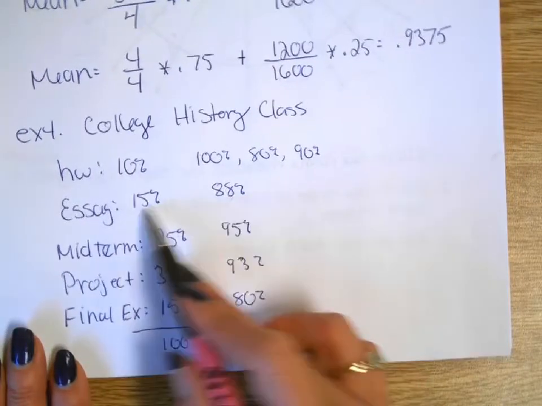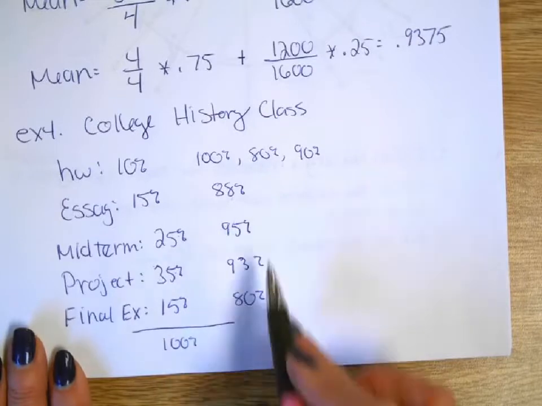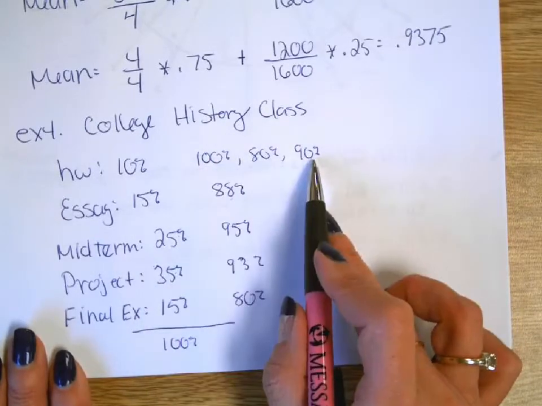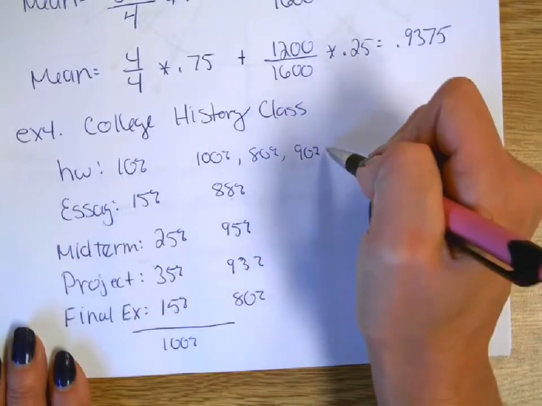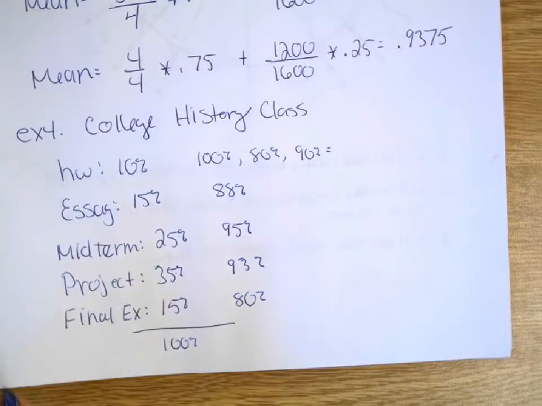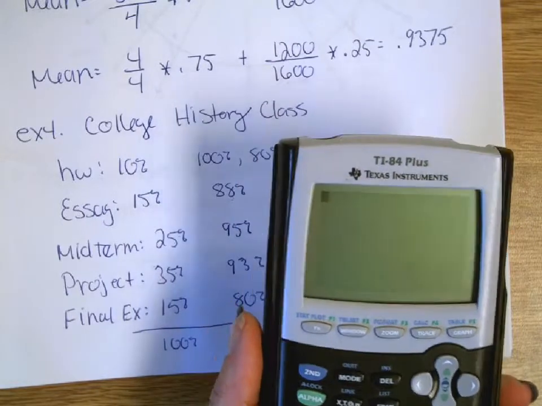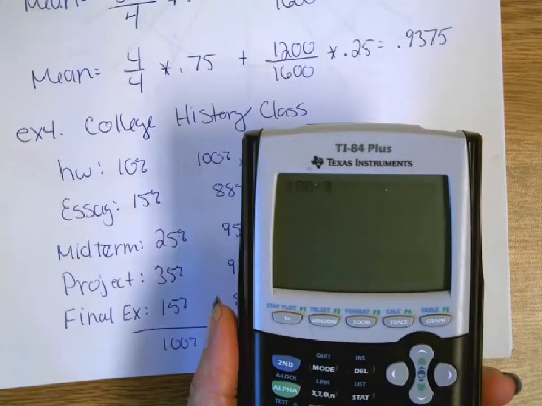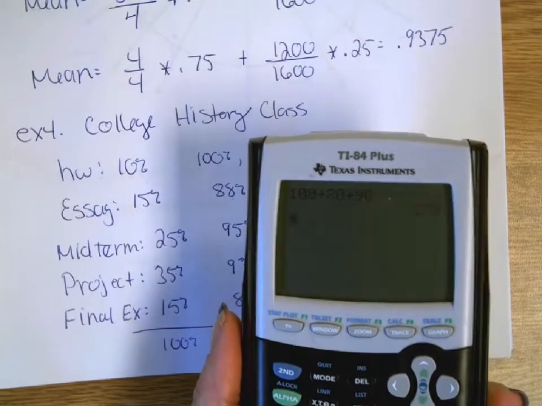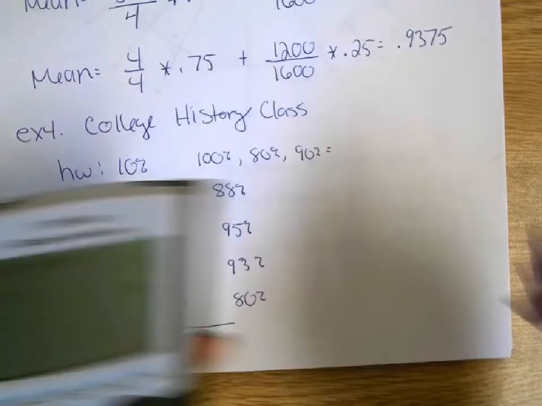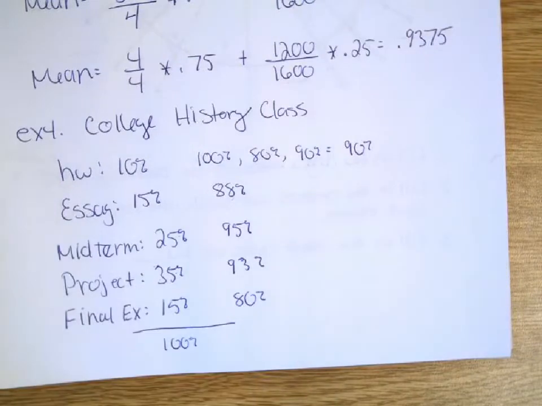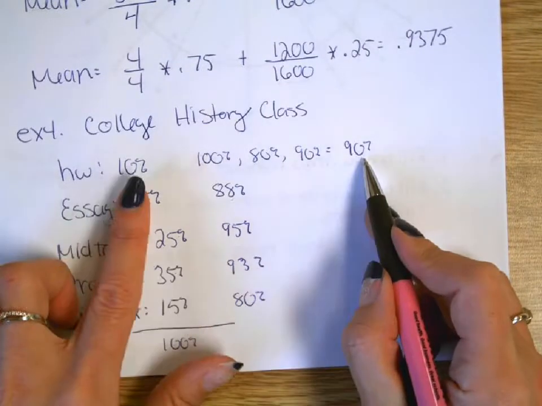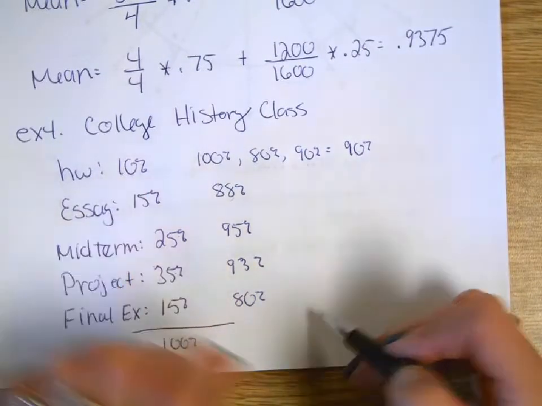Well, you can see these were all 1 grade apiece, so I don't have to do any averaging there, but my homework, I do need a homework average so that I can take the average and multiply by its weight. So, if I average up those 3 homeworks, 100 plus the 80 plus the 90 divided by 3, 90% average there. So remember, the formula is you take the average, multiply by the weight, and you add them all up.